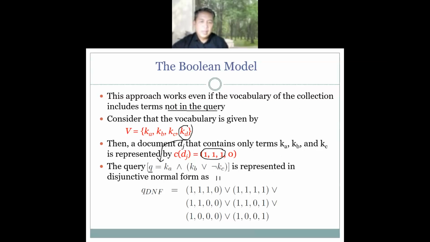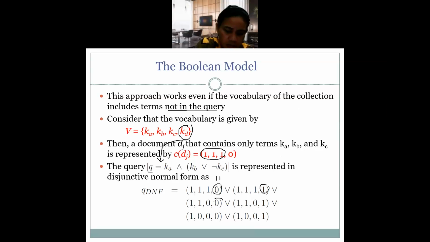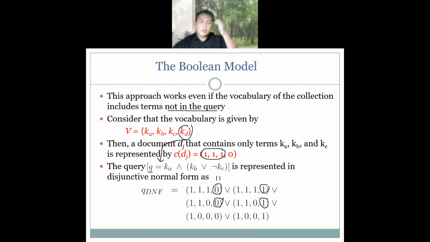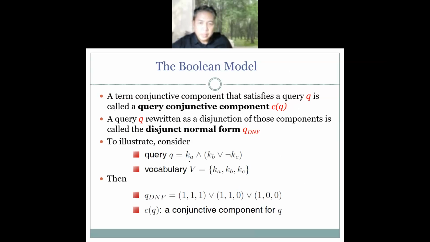For the terms that are not in the query, we must include 0 and 1, because whether they exist or not, we still have to take them. We already know that this expression can give you the disjunctive normal form just by putting the values of 0 and 1. Make sure that your query can be expressed as true.